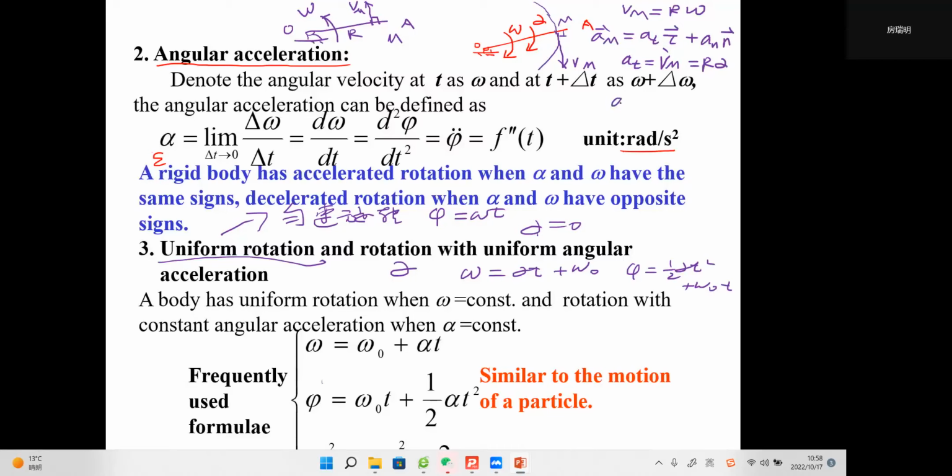And AN will always equal V squared over rho, which is omega squared R. Its direction will always point to the rotation center. So this one will be AN, and its resultant acceleration AM may be along this direction.